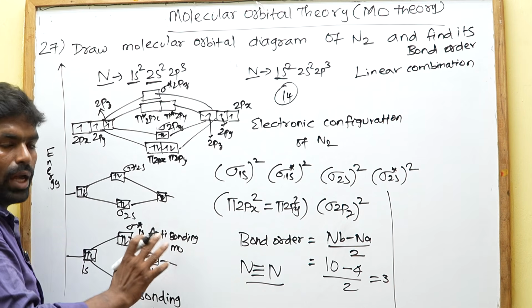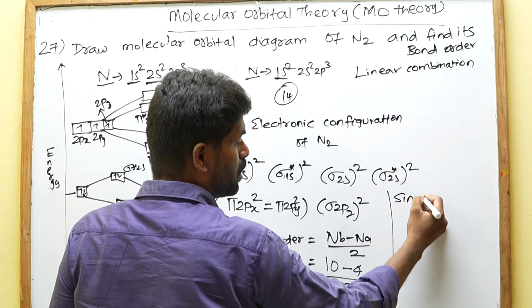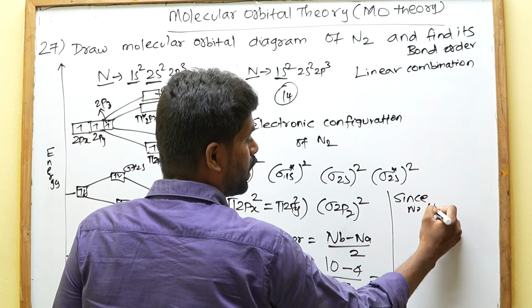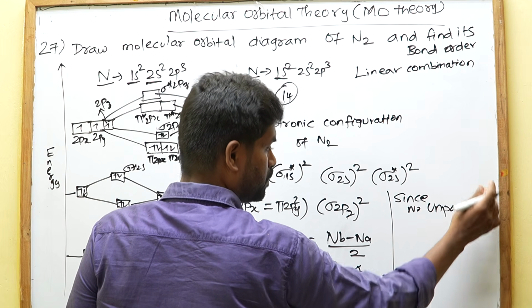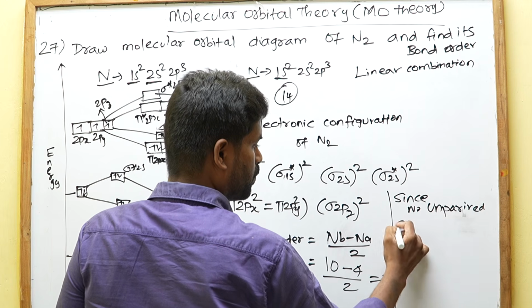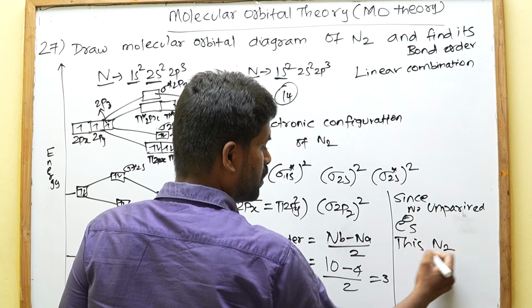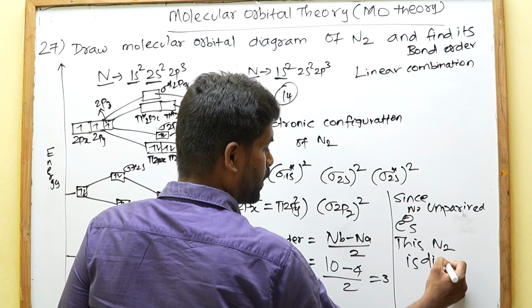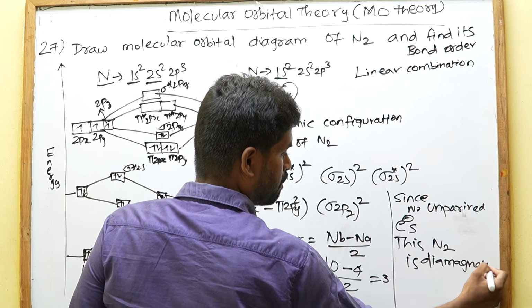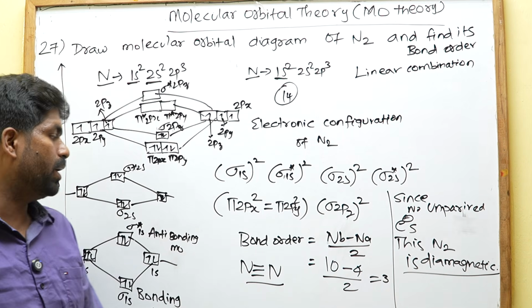Since no unpaired electron is present, this nitrogen is diamagnetic. Diamagnetic means there should not be any unpaired electron.